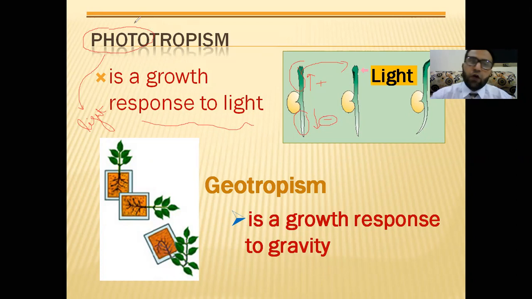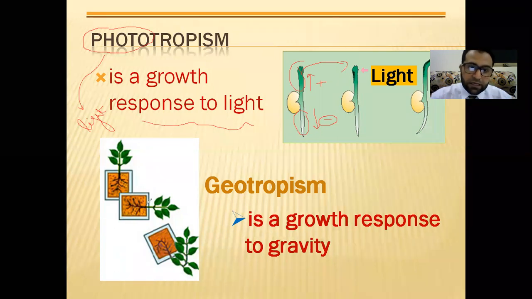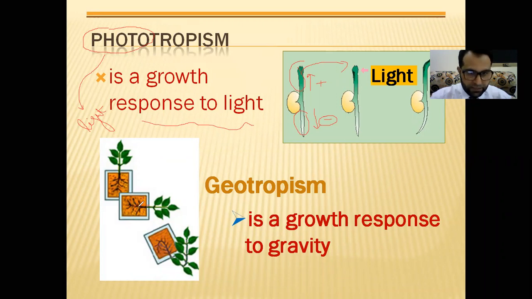Okay, now geotropism is a growth response to gravity, in which the part of plant shows response to gravity. You can see here, anywhere the gravity is, the root of plant will move toward that.